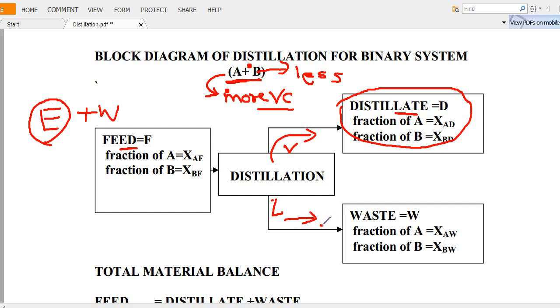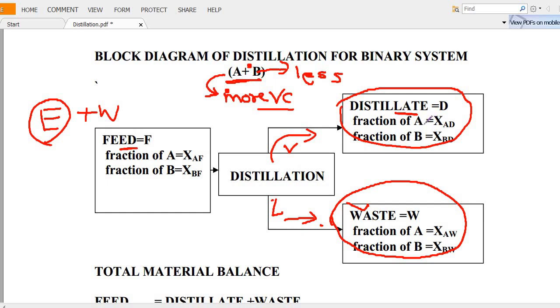The liquid is given to the reboiler, and the remaining component after the reboiler is called waste. So whatever you are getting from the bottom of this distillation column is waste, and whatever you are getting from the top of this distillation column is called distillate.